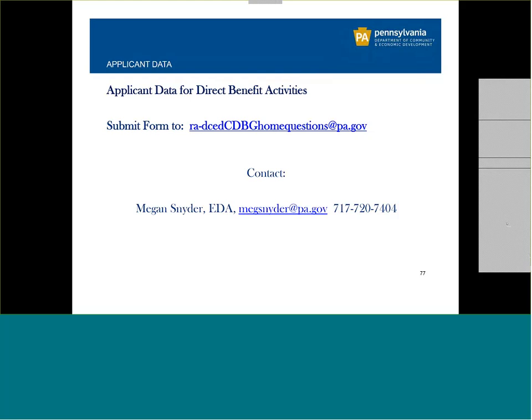Okay. Can you clarify if the applicant data form is required if an ESG contract was closed out during 2017? If it was closed out during the program year, and this goes for any of the reports, you are still required to submit your annual report in that next funding round in January of the next year.